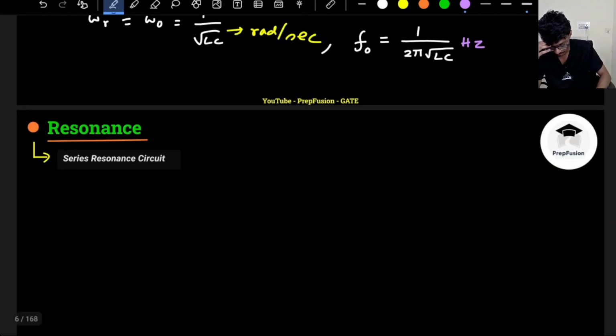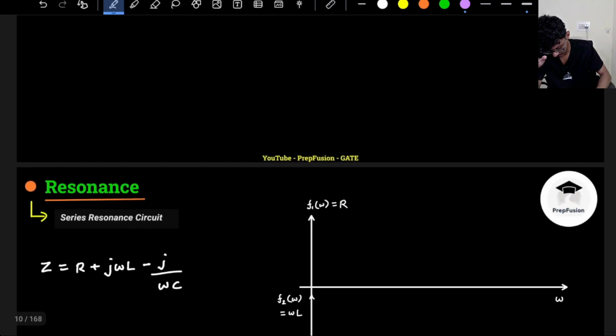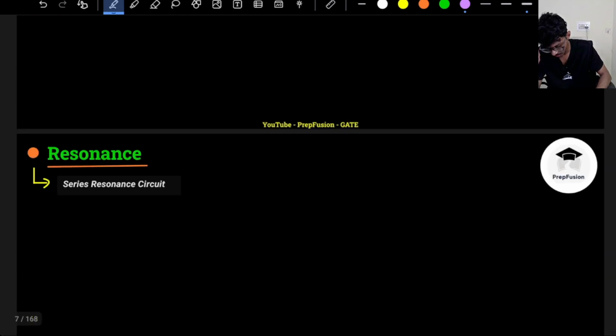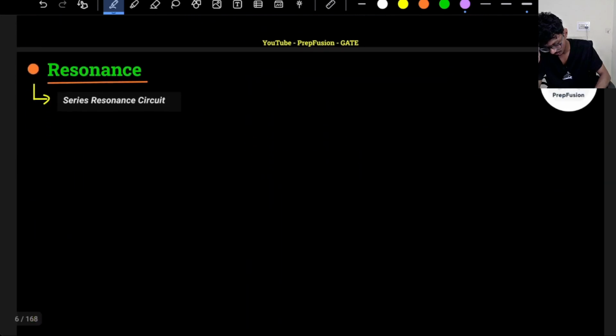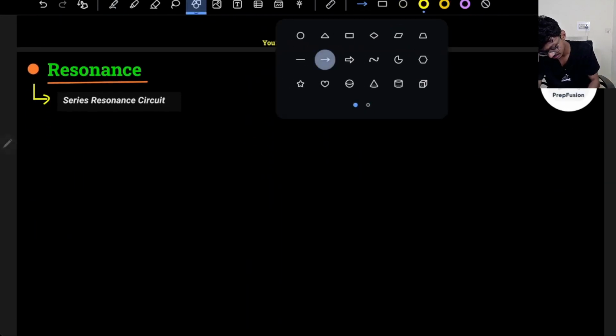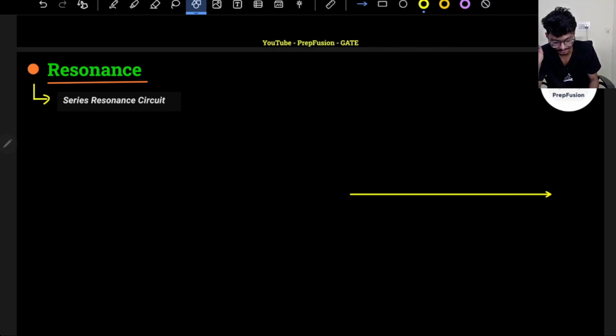That is fine. I hope things are clear now. Now let me draw the phasor diagram. The phasor diagram is not here actually, so let me draw it. I is the reference, because it is a series RLC circuit.